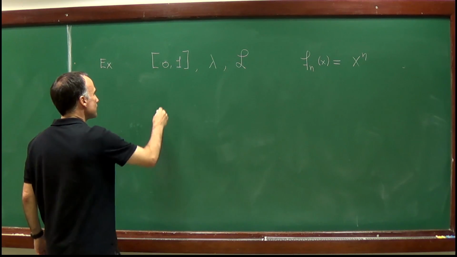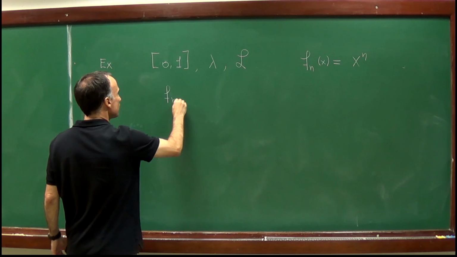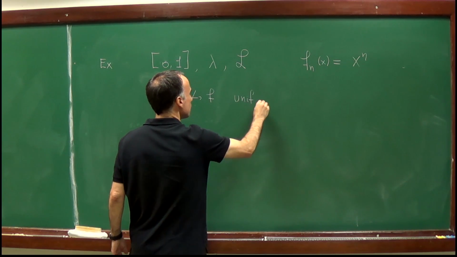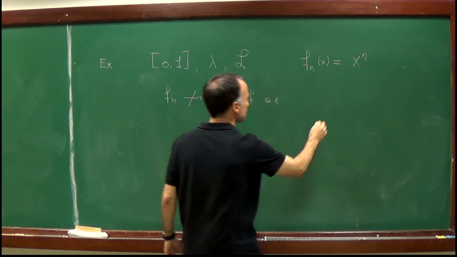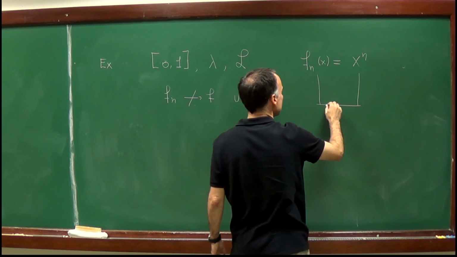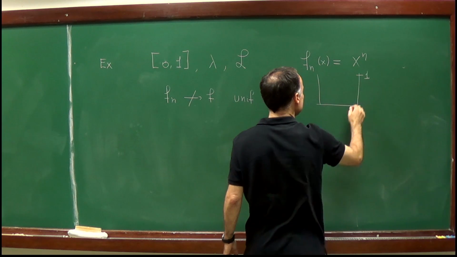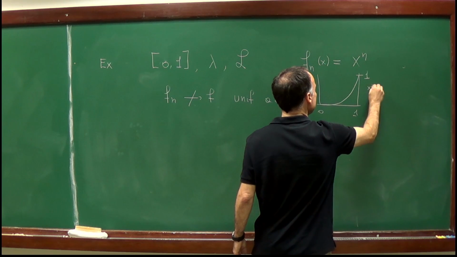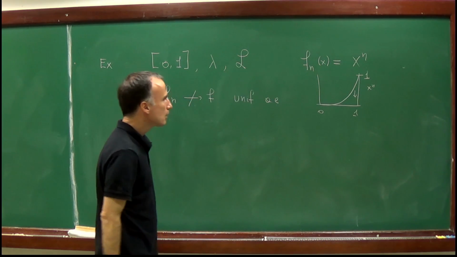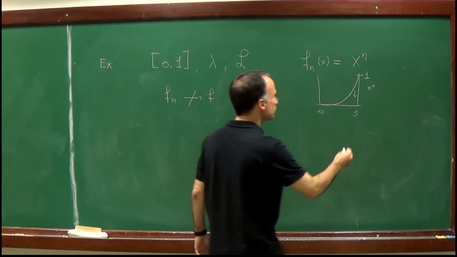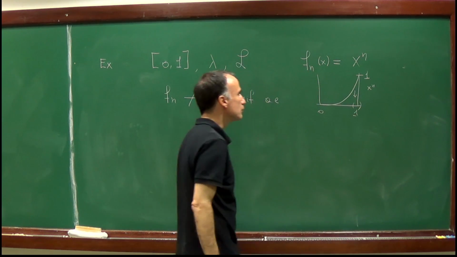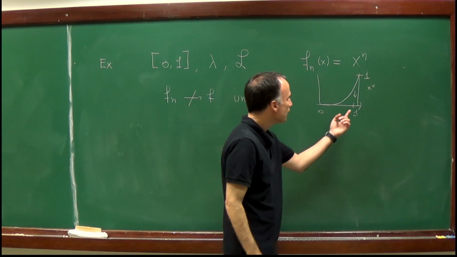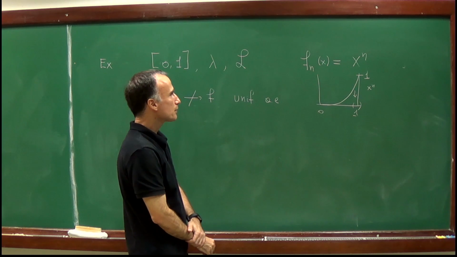Now I claim that it's not true that fn converges to f uniformly almost everywhere. Let's draw again the graph of these functions x^n. They are converging to 0, but the convergence will not be uniform in any open interval containing 1, so you can't expect to have uniform convergence almost everywhere.